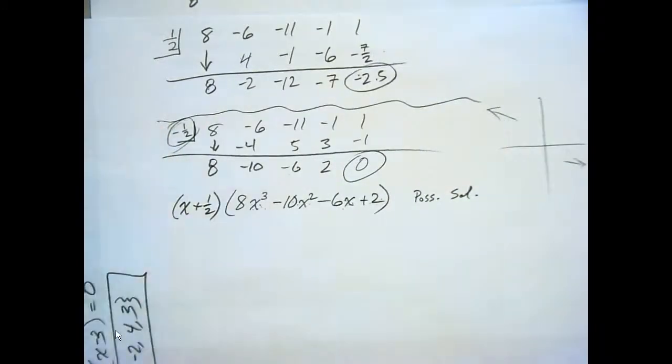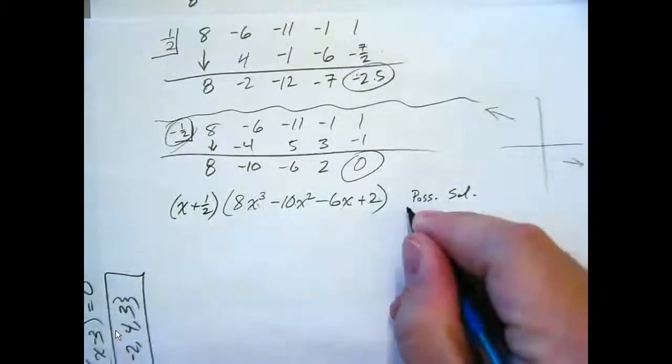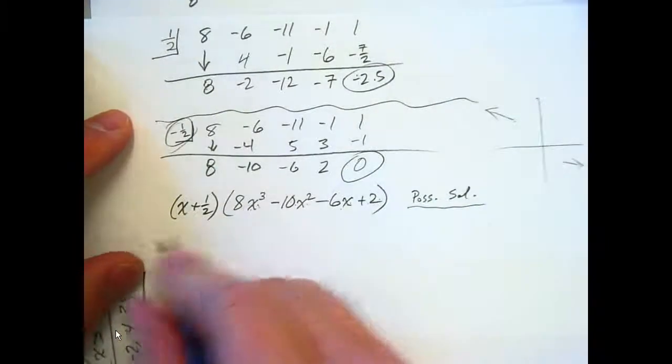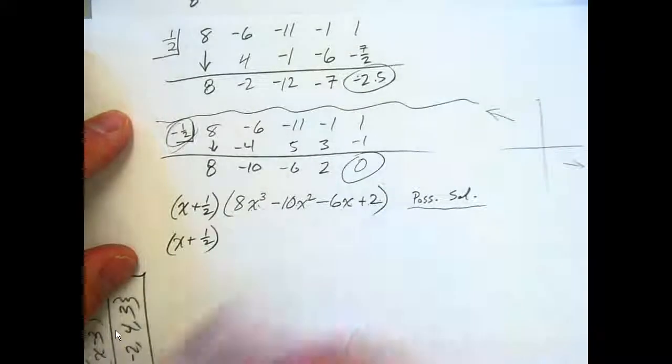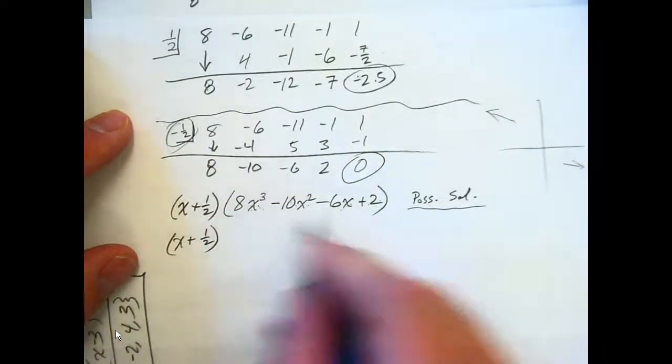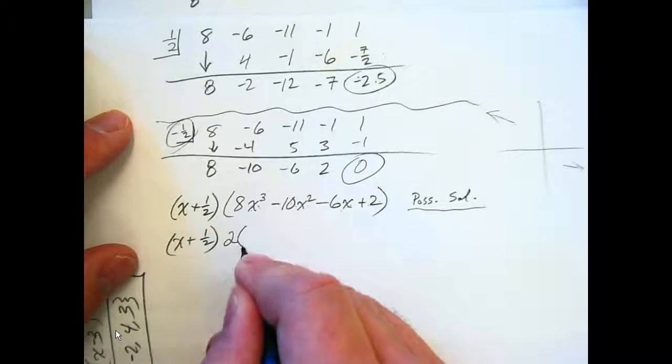Oh, hold on. Thank you. Very good. I even broke my rule first. Rachel pointed out, look, you haven't pulled out your greatest common factor, which is 2.